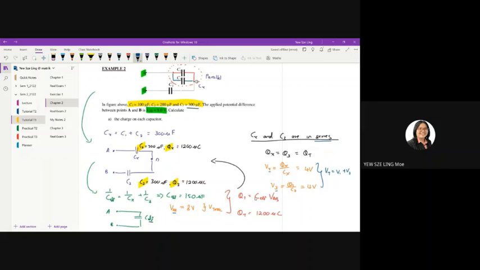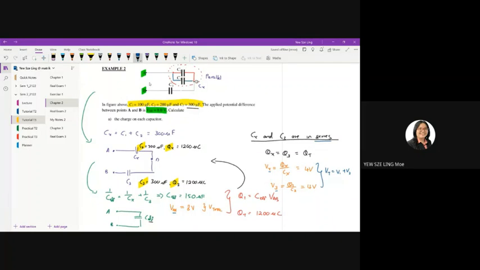All right, so in this case, I've done calculating it, I've done checking my answer, and they are all correct. So what am I going to do next? I'm not done yet, because the question is asking for the charge on each capacitor. What I have right now is just Q3 and Qx. I don't have Q1, I don't have Q2 yet.